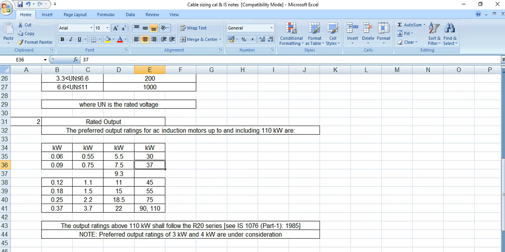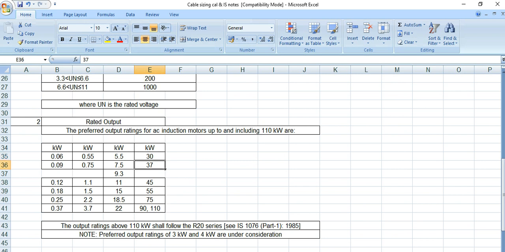Suppose the requirement is coming more than 30 kilowatt, say 31 kilowatt, but this is very non-standard. 31 kilowatt is not manufactured by any motor manufacturer, so you need to choose the next higher size motor rating, that means 37 kilowatt.